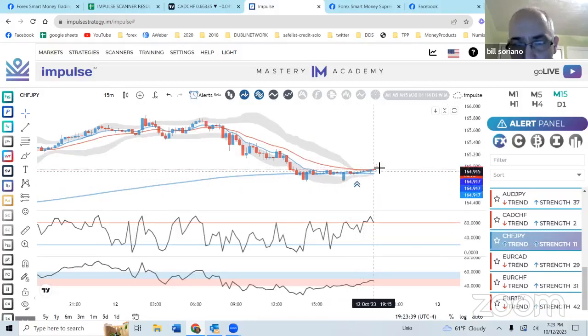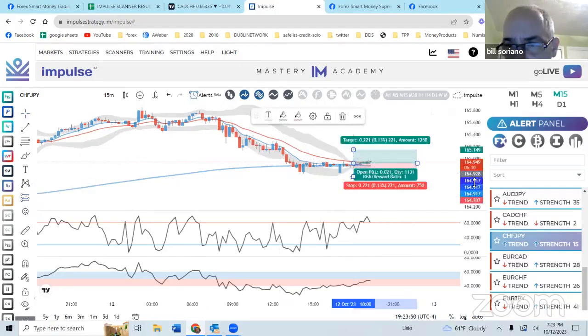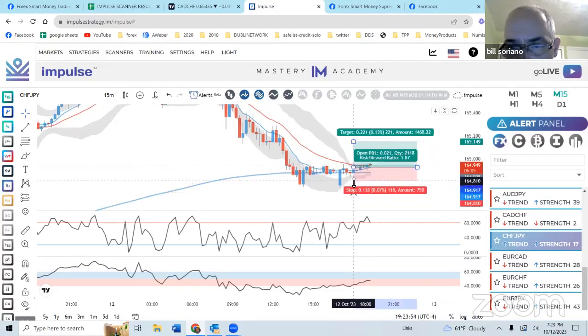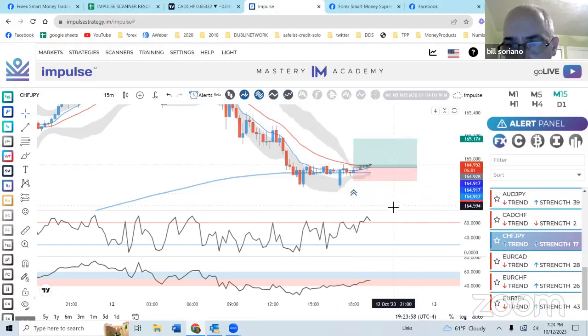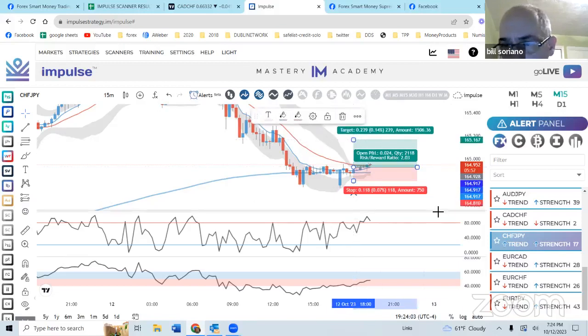So again, I'll mark that up after I get off of this live session with you guys. But you could see what this is going to look like. I could just show you real fast here. It's a long position, very small candle, and there's very small volatility. So your stop loss just goes right there. Okay, and so we only need price to move right to there about in order to get our 1 to 2 risk to reward ratio trade.